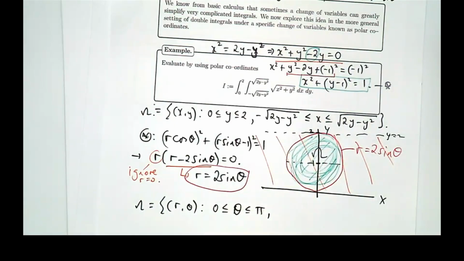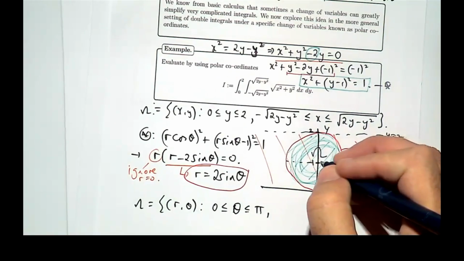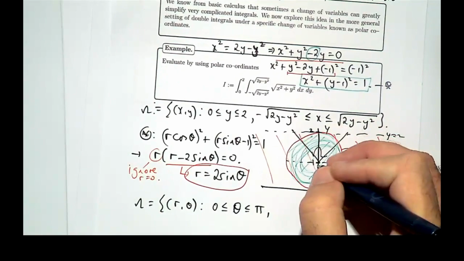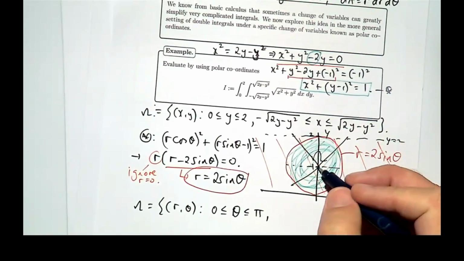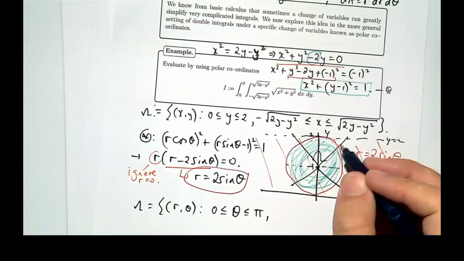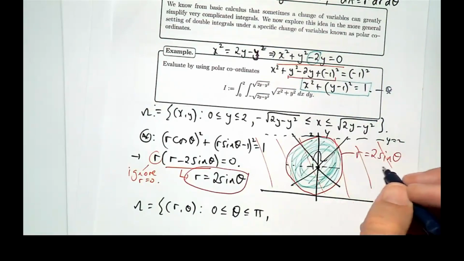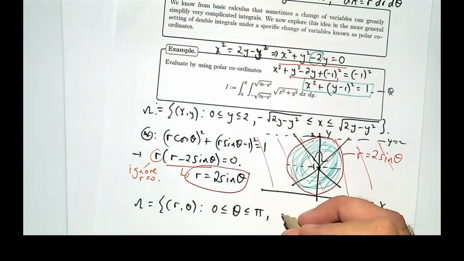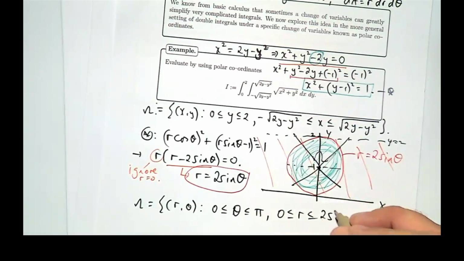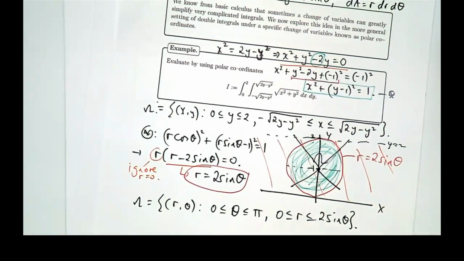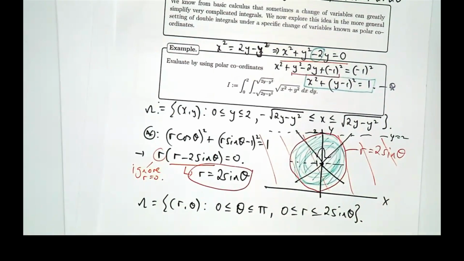Now, if you're not sure about the other bounds, start in the center and just draw some lines that go out. It comes into the region, these lines start at r equals 0 and they cross at r equals 2 sine theta.